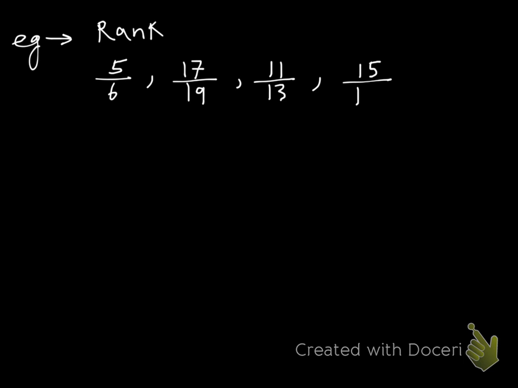Let's move on to a slightly better example. Let's say we want to rank these numbers, and as you can see the difference is not the same now, the difference is varying. Here the difference is 1, then it's 2, then it's 2 again, then it's 1. When the difference is not the same, the technique is really simple.